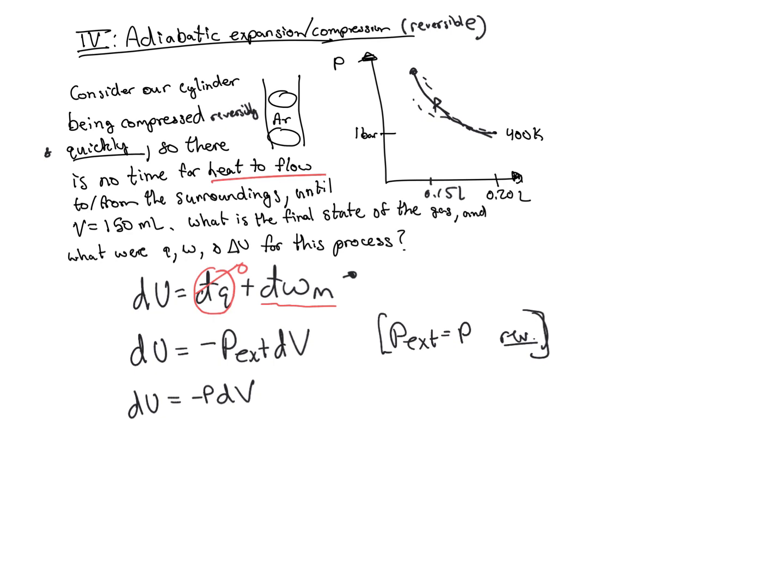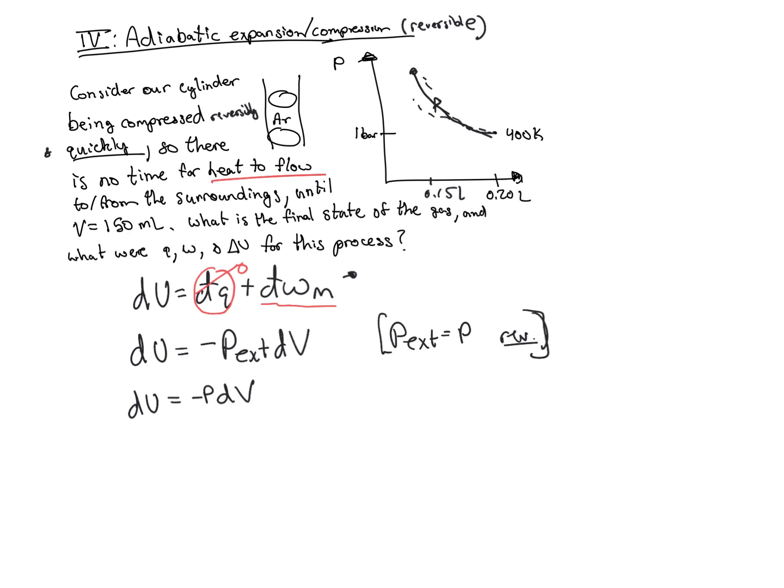But we're going to need to use more information about this process to figure out what's going on with the pressure throughout it. In this case, because it's an ideal gas, we have a nice result over here. So we have dU on the left-hand side is negative P dV, but we actually also know dU by taking the derivative from our definition of internal energy.